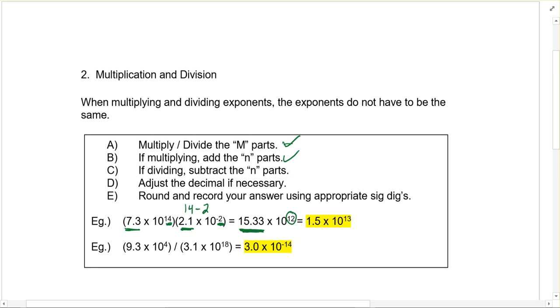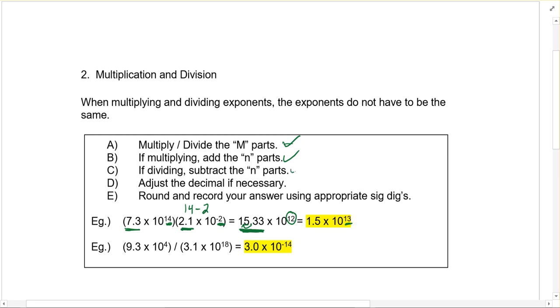Adjust the decimal if necessary. So we get 15.33. Like I said before, we like to have it written with a decimal after the first number. So we move that decimal place over one time, so 1.5. And then if I move that to the left once, that becomes 10 to the 13. So 1.5 times 10 to the 13.